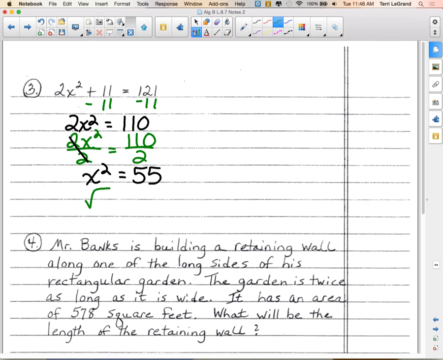Okay, square root of x squared, square root of 55. x is approximately equal to positive or negative. After you make your approximately equal sign, you better just automatically do that so you don't forget it. And then, did I hear 7 and 42 hundredths? Okay.